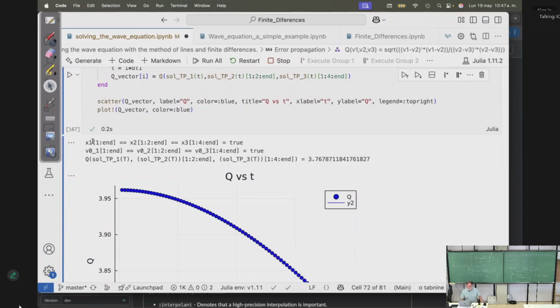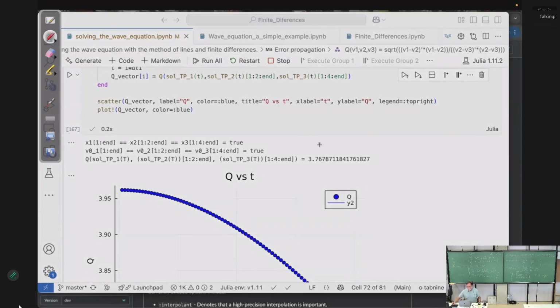So here is a check that x1 n is the same as if you take x2, which is a higher resolution from x1. If you take the points in between, they are the same, and they are the same as this. So let me plot this.